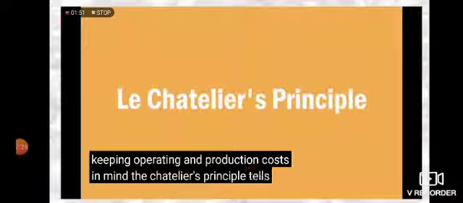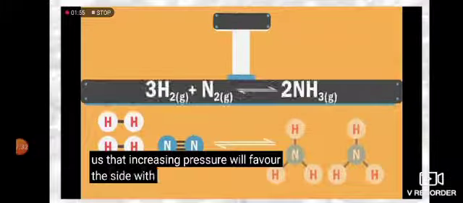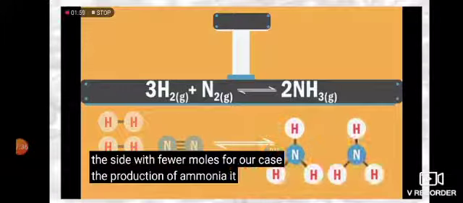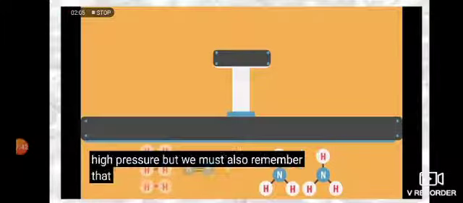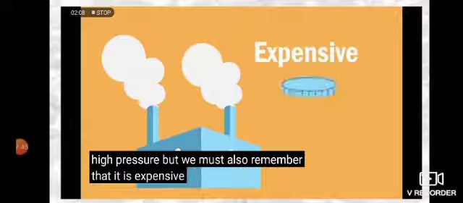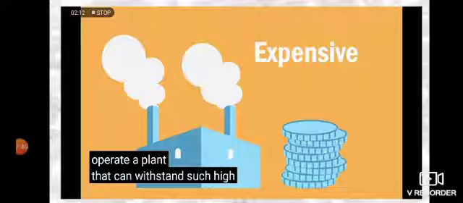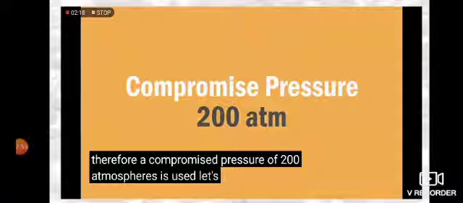Le Chatelier's principle tells us that increasing pressure will favor the side with fewer moles, in our case, the production of ammonia. It would make sense to conduct the reaction at a very high pressure, but we must also remember that it is expensive to build and operate a plant that can withstand such high pressures. Therefore, a compromise pressure of 200 atmospheres is used.